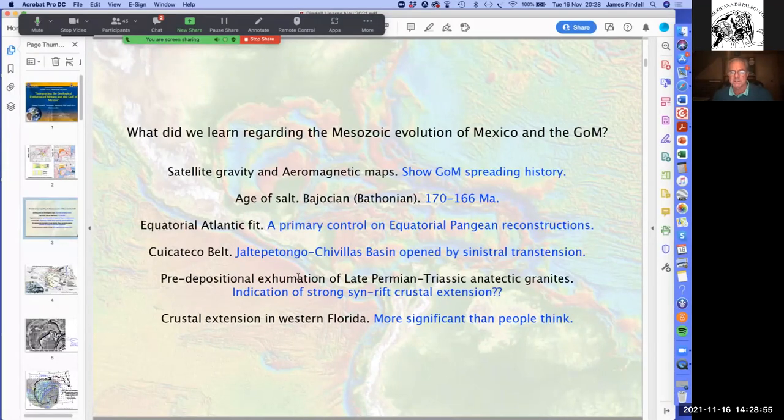And that helps us understand a very important problem between North America and South America, as we will explain. And then also the crustal extension in Western Florida has been very large. We won't talk about this, but the extension in Florida is also important to the understanding of the whole region.